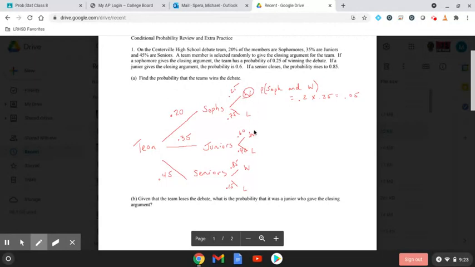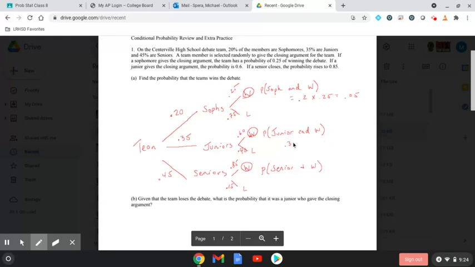Well, they can win 3 different ways. But I'm not just adding those 3 numbers. I have to get to that branch, so I have to multiply. There are 3 ways you can win. You could be a sophomore and win. You can be a junior and give the winning argument. Or you could be a senior and give the winning argument.